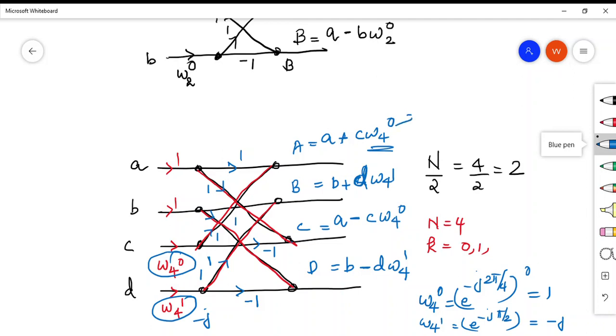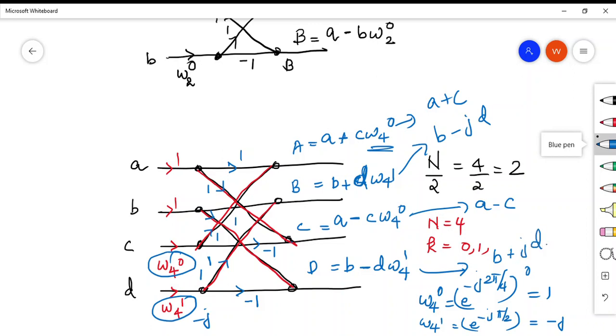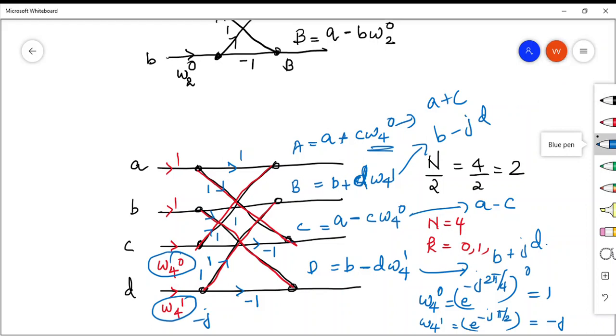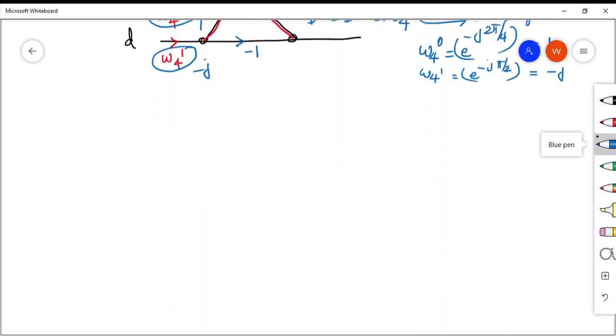So when you replace, this is A plus C, this is B minus j D, and this is equal to A minus C, and this is equal to B plus j D. Okay, so this is how you find for 4-point sequence. Similarly, you can find for 8-point sequence also.